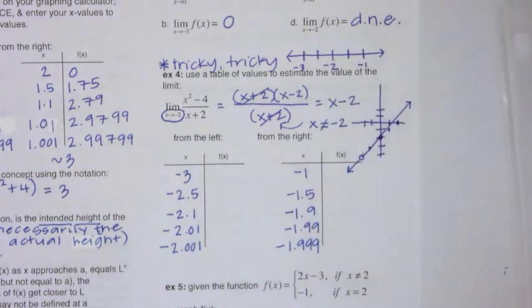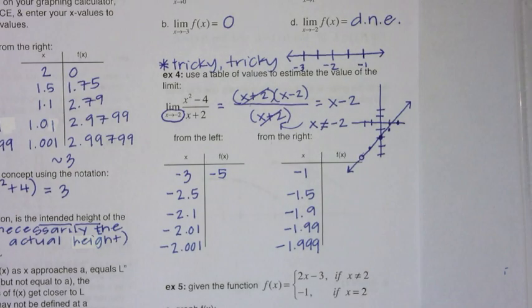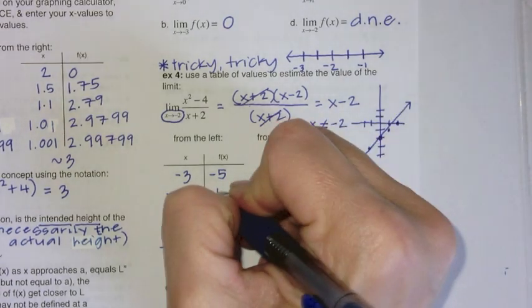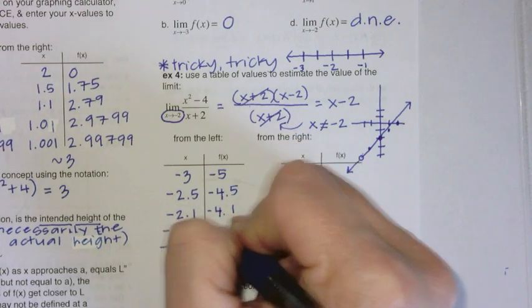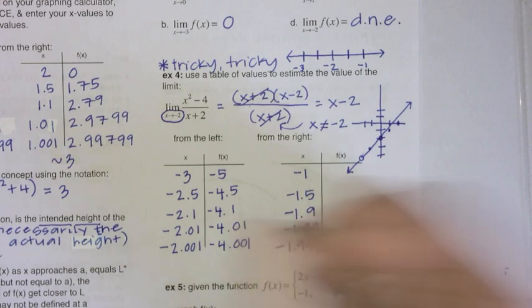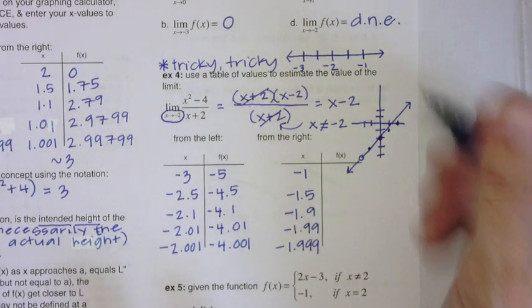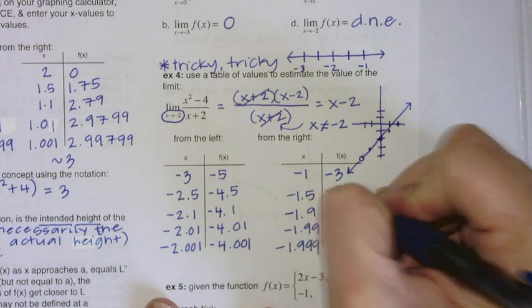And I get negative 5. I could sit here and type these in all day, but instead I'm just going to write them because I've already typed them in, so I know they're correct. And you can feel free to copy them because as much as I love math, I don't particularly like to waste your time. So if you know what you need to do, you can just copy this down.